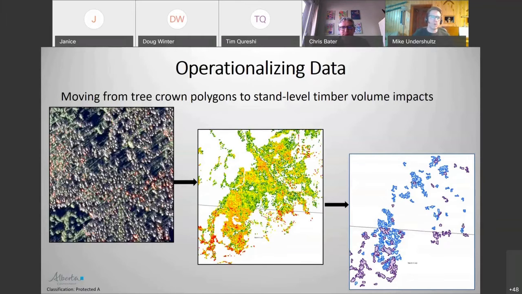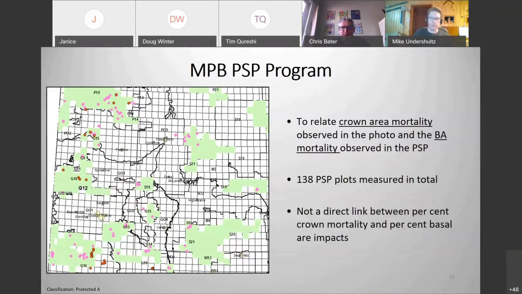And what we did, I should say we, the royal we, this was actually a project undertaken by the Forest Growth Organization of Western Canada through some grants. There were 138 PSP plots that were measured, and they were all selected where we did have photography. There was greater than 50% pine and more than 12 meters height.